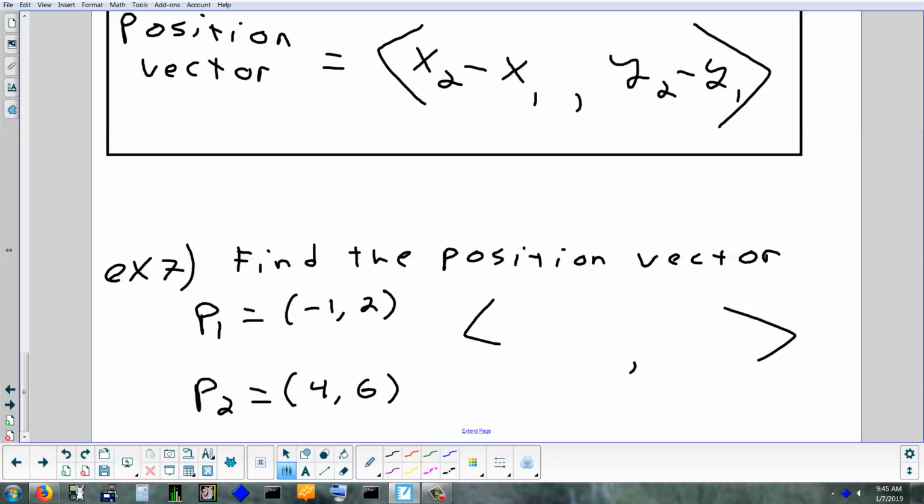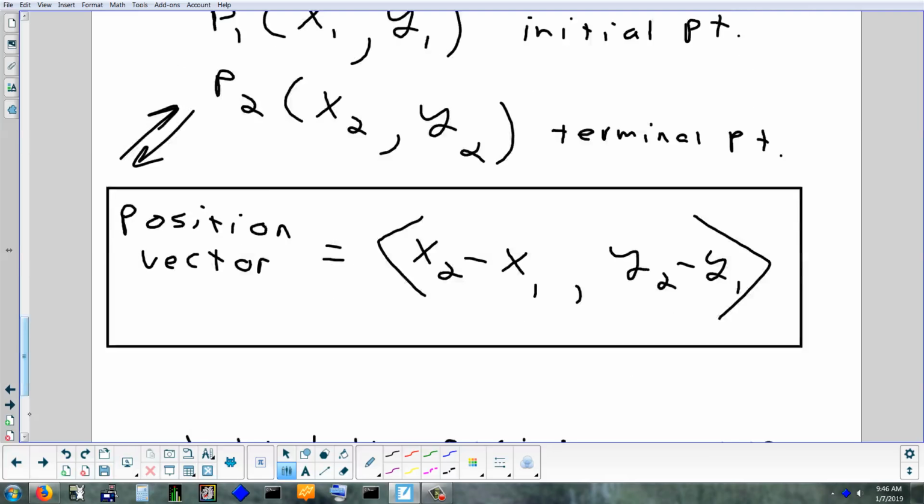Kiara, what am I going to subtract in the first part? What minus what? 4 minus negative 1. Yes, 4 minus negative 1. We'll come back to that, but that's exactly what you've got to do. And how about Dylan? What about the second part? 6 minus 2.